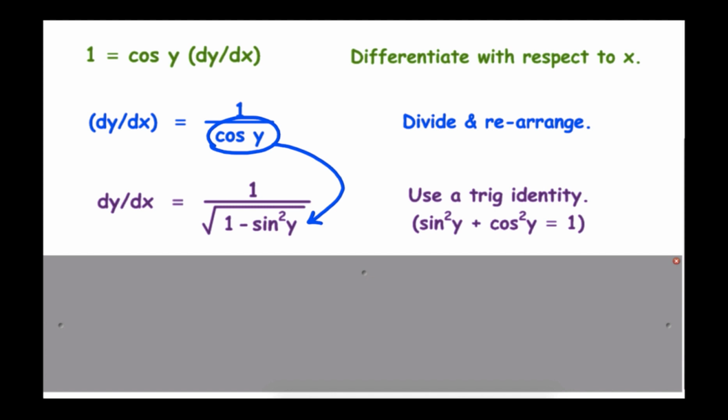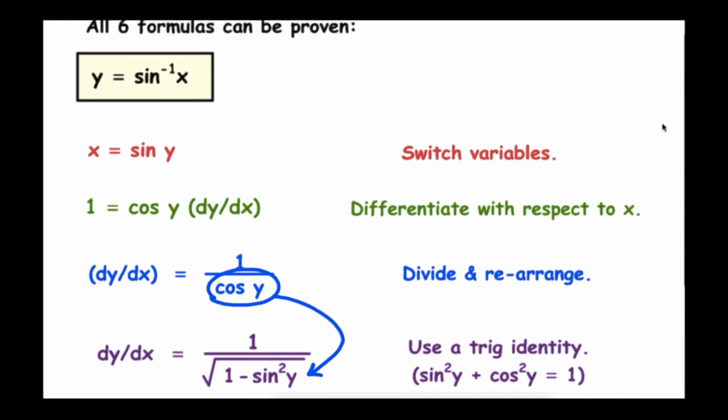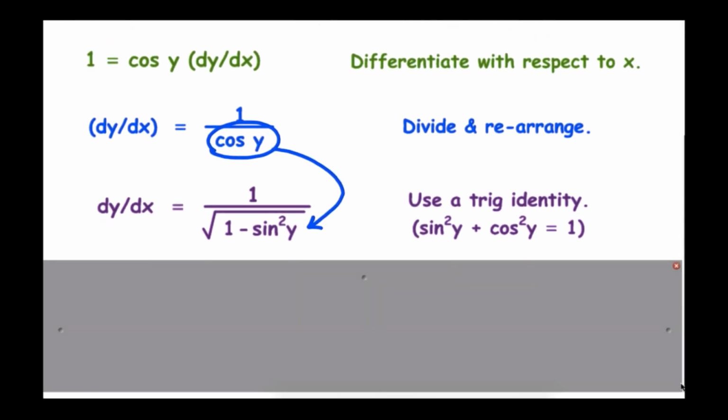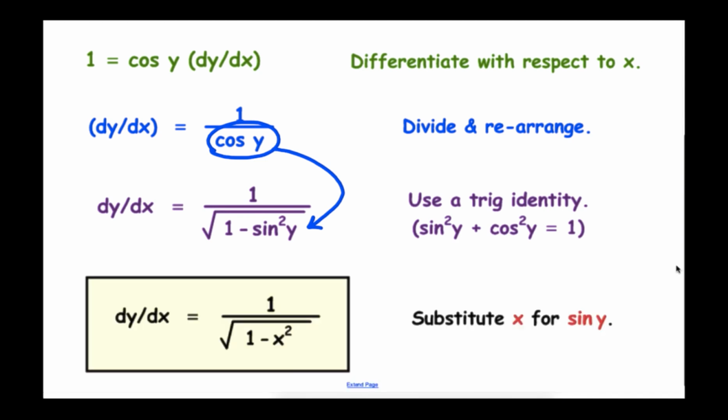Sine of y, that is familiar sounding. Oh my gosh, right here. Sine of y is x. Holy smokes. So I can replace the sine of y with an x, and there's the memorized formula.